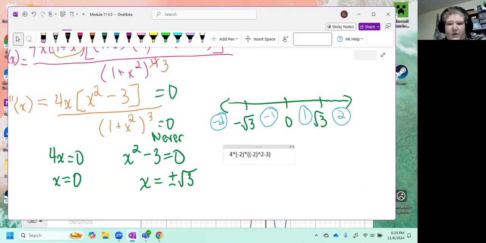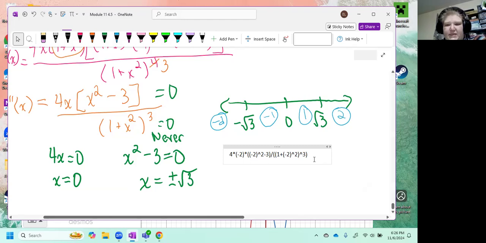You can put a whole other set around the top if you want, but since all the outer operations are multiplication, I am okay to just put divided by. I am going to put 2 parentheses here though, just because it might make a difference. So negative 2 squared, and then we're raising that to the third power. So I see 1, 2, 3 spots for the x's.